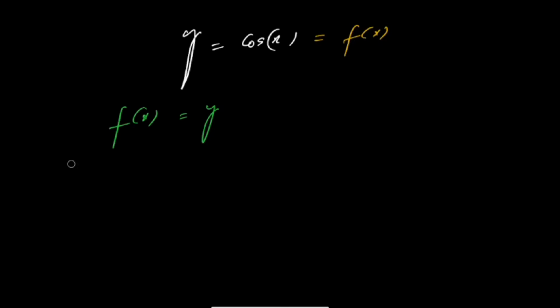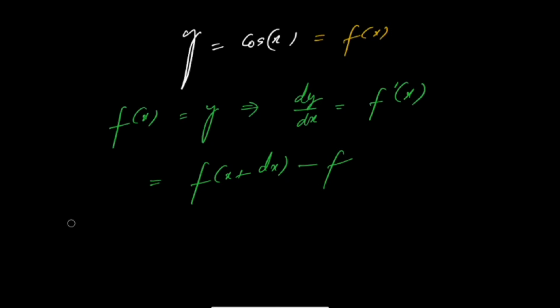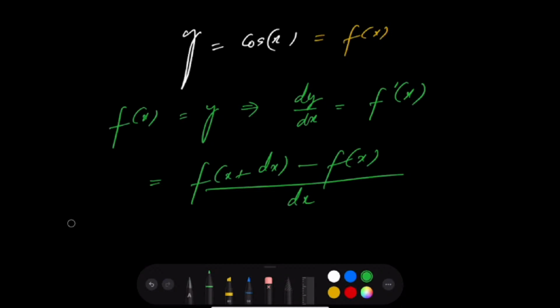If f of x is equal to y, then dy by dx is equal to f dash of x, which is equal to f of x plus dx minus f of x, by dx. This is the formula for slope, the change in value of y, which is dy, which is also equal to f of x plus dx minus f of x, by dx. So what do you have here?